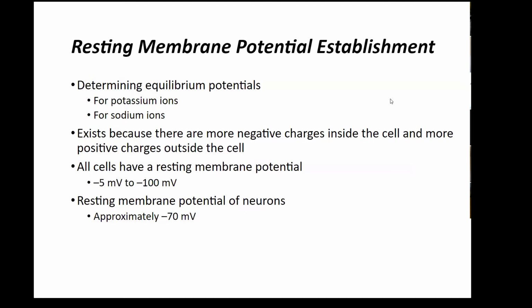We have 3 sodium going out and 2 potassium coming in. We call this an electrogenic pump because 1 additional charge on net is going out, because 3 is bigger than 2. As we move 1 positive charge out of the cell every time we run this pump, this makes the membrane potential negative.